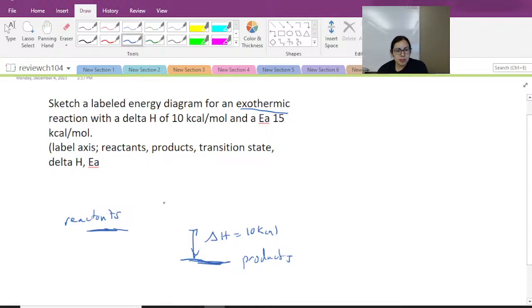Now we're missing the middle part, the transition state. It tells us the activation energy is 15, so we need to label something here of EA equals 15 kcal. And you can label this, our transition state up here.